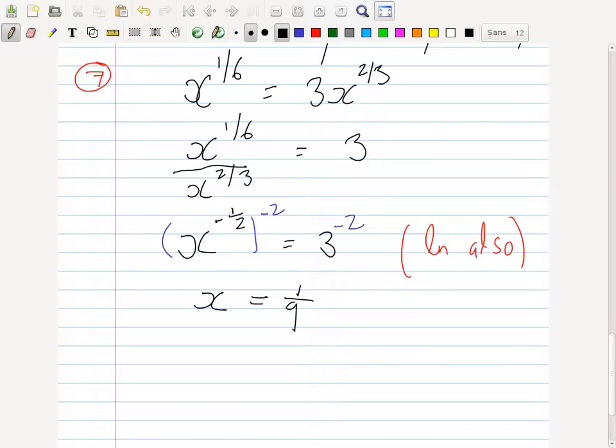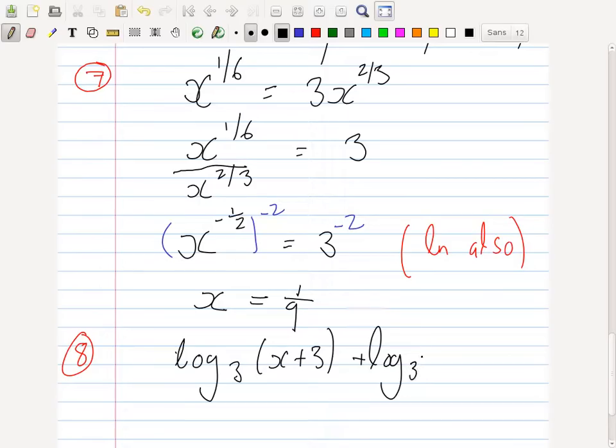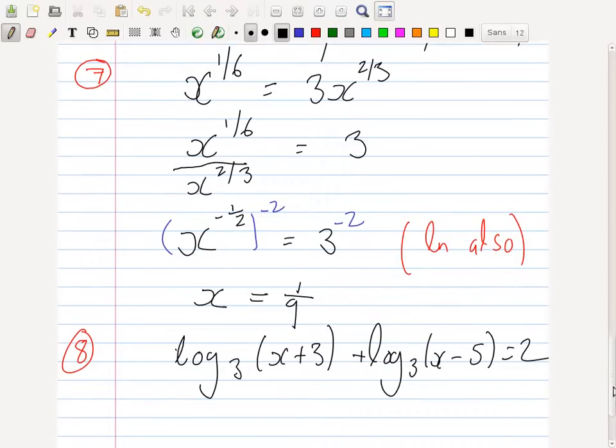Number 8 now is a log one. Solve: log base 3 of (x plus 3) plus log base 3 of (x minus 5) equals 2.